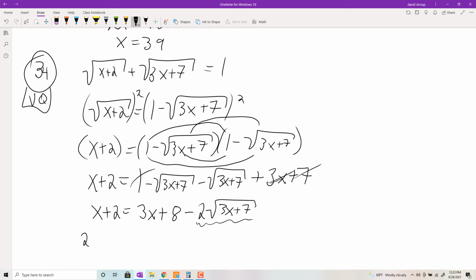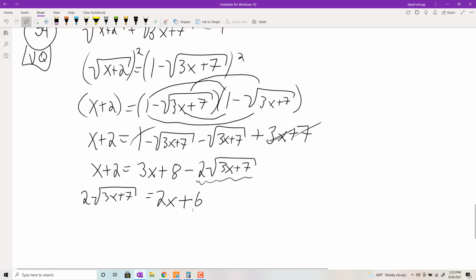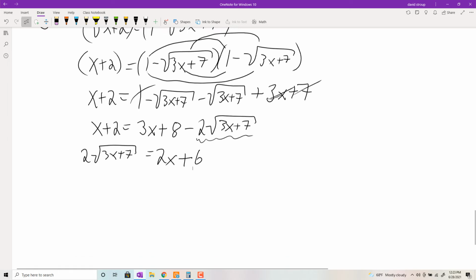So I'm going to end up with 2 root 3x plus 7 equals 3x minus x is 2x, 8 minus 2 is 6, 2x plus 6. And then you could divide both sides by 2. I'm just going to go ahead and square both sides at this point.